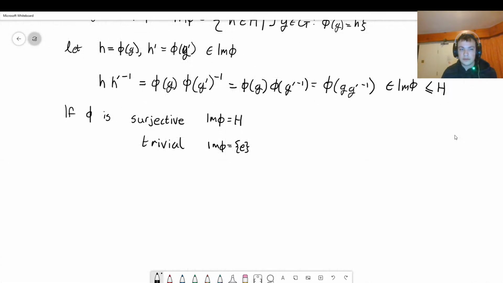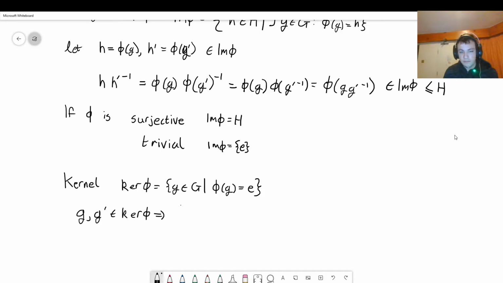Okay. We also have a second set called the kernel of phi, the set of all elements which map to the identity. The kernel of phi is written ker phi, and that is the set of all g in G such that phi of g is equal to e. So let's have g and g prime in the kernel.